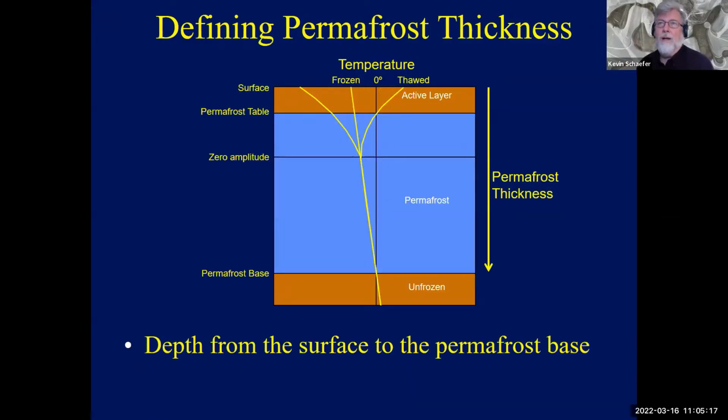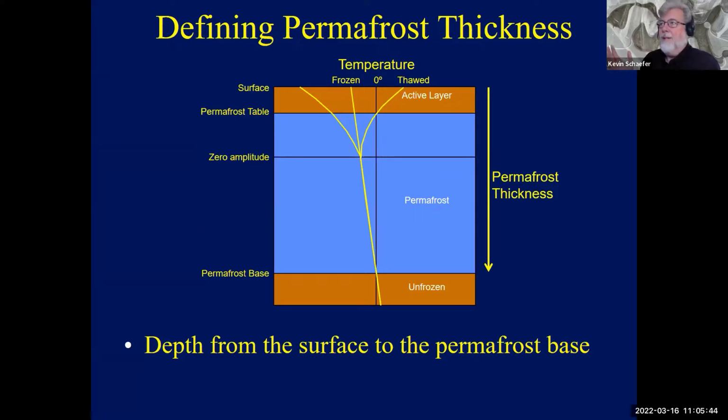And some more background so we understand what thickness is. This is a schematic, a theoretical diagram, and on the horizontal axis we got temperature. And you can see right in the middle there is a 0 degree temperature line. And the yellow vertical lines are supposed to represent temperature as a function of depth. And you can see here at the surface, there's a Y shape, and that's the annual cycle of freeze and thaw.